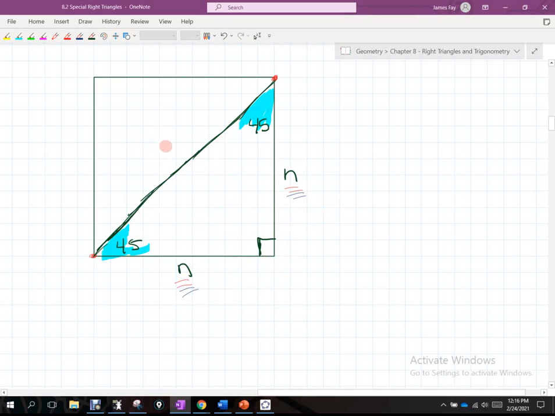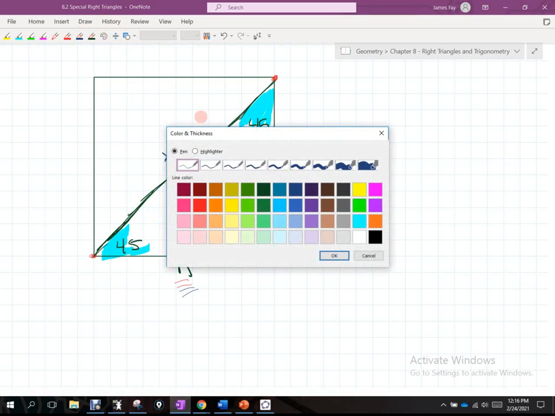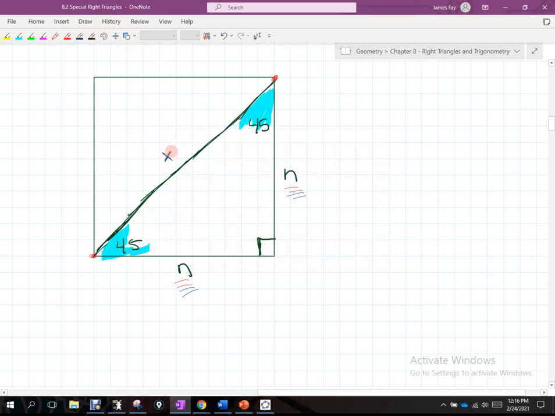I'm just going to call this distance x right now. Let's solve for x. We're going to solve for x in terms of n. And what that means is when we're done, x will be alone on one side of the equal sign, and the only variable you will see on the other side will be n.